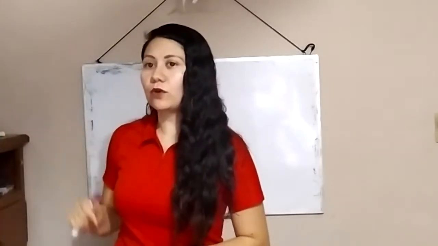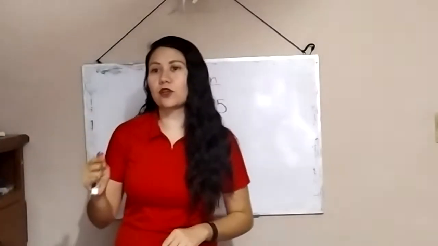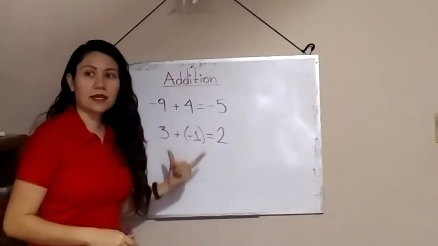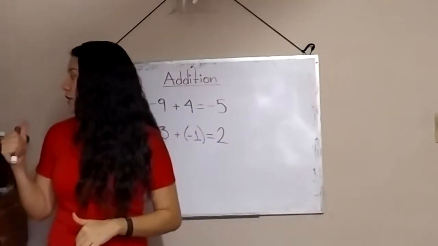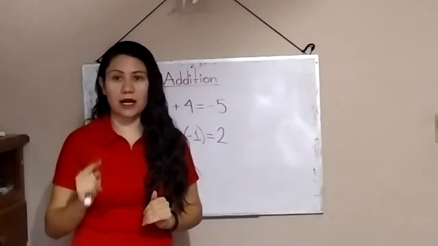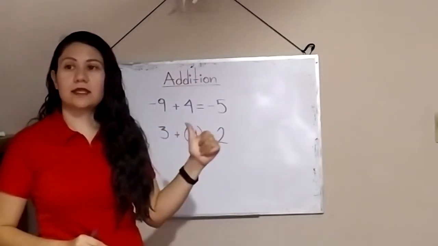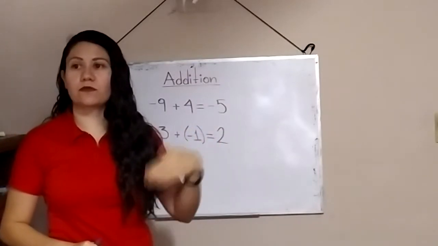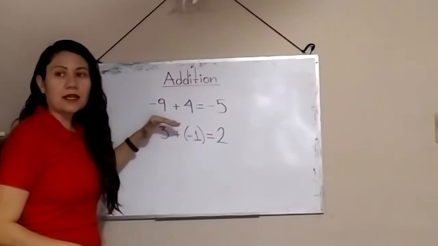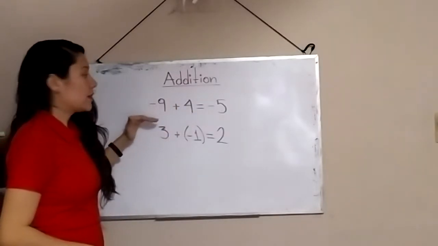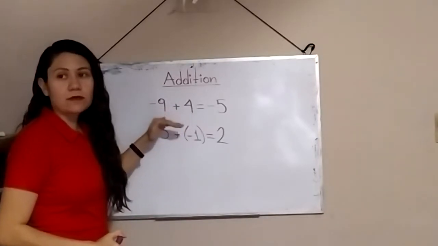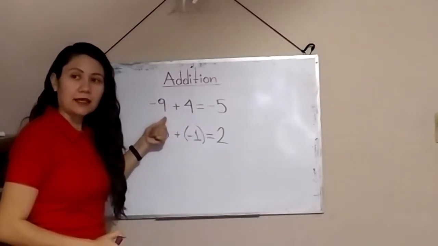So, the steps to solve an addition with unlike signs, like in these cases, is first we have to subtract the absolute values of the numbers, always taking the smallest from the greatest. Here we have -9 plus 4. The greatest absolute value is the 9.